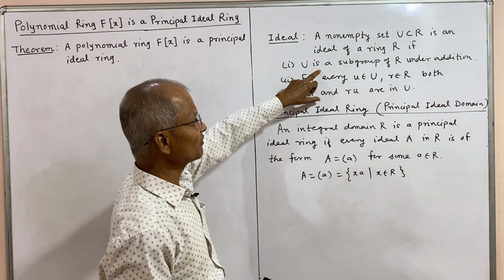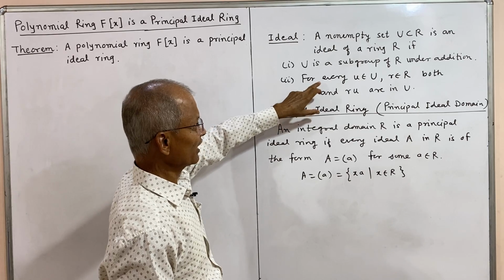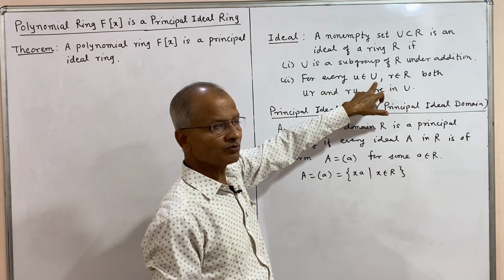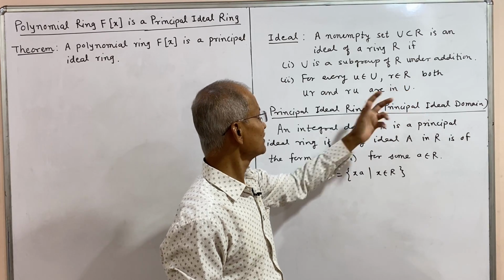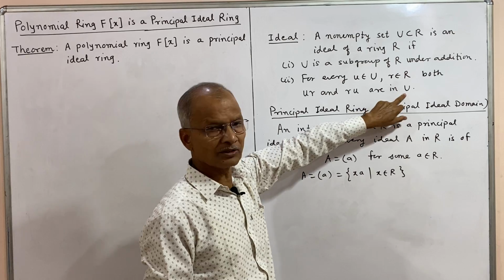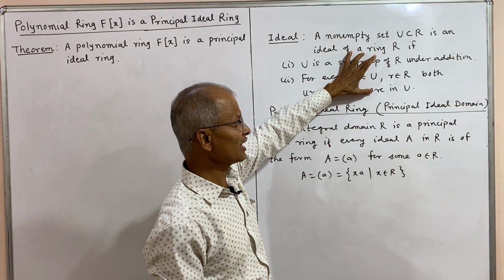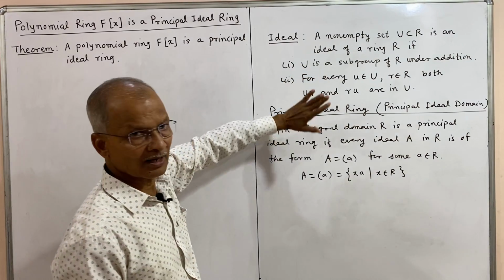U is a subgroup of R under addition, and second, for every u belonging to U and r belonging to R, both the products ur and ru are in U. If these two conditions are satisfied by U, then U is an ideal of the ring R.